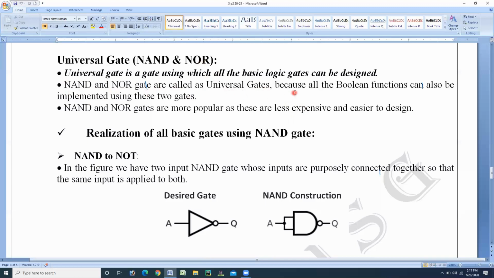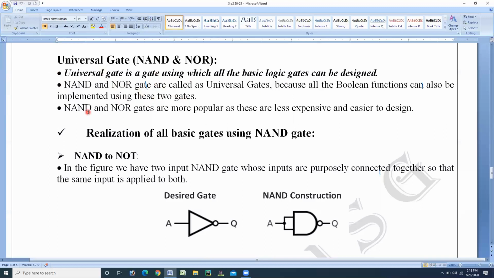The answer is because all the Boolean functions can also be implemented using these two gates. That's why these two are called universal gates. I can say that using these you can design the basic logic gates.